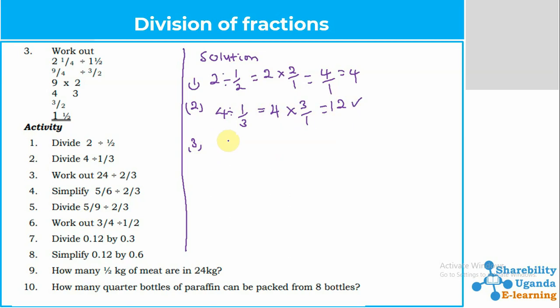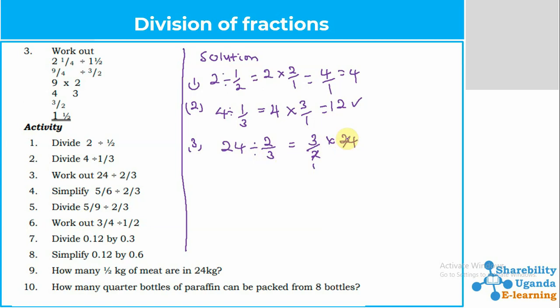Then our part 3, we have 24 divided by 2 out of 3. So this is going to be equal to 3, the reciprocal of this fraction, times 24, which is still 12 by 2.